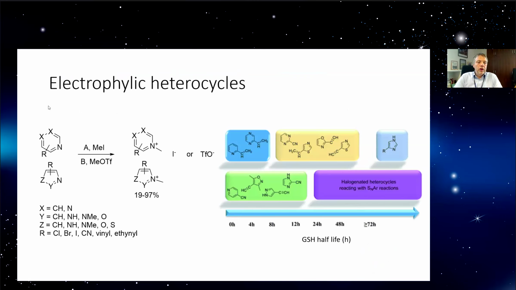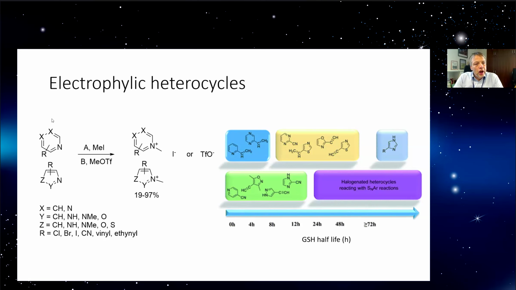So on the left-hand side of the slide, you see different nitrogen-containing heterocycles, both the 5-membered and the 6-membered heterocycles that contain 1 or more heteroatoms, and substituents indicated by the R groups that include the halogens, the nitrile, the vinyl, and the ethinyl group.